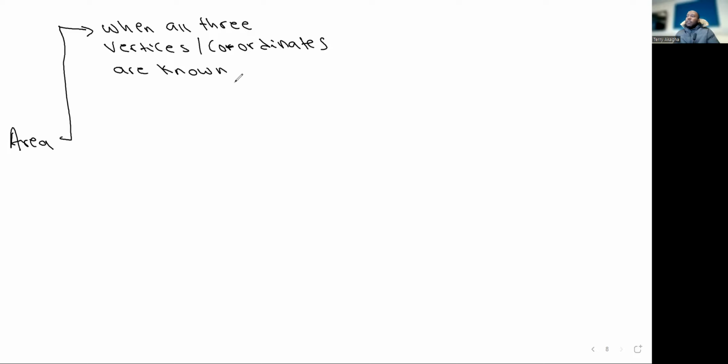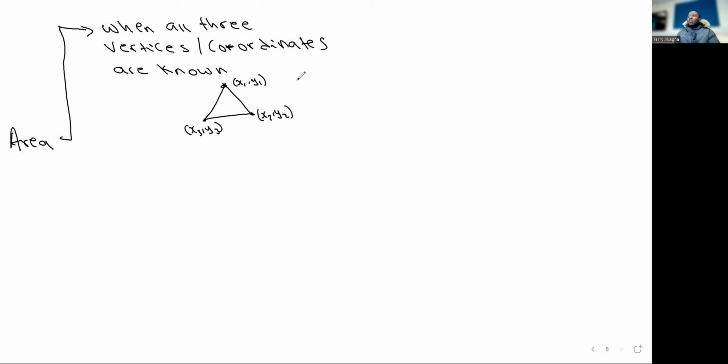Okay, so that means you have a triangle like this. You know the coordinate here. Let's call this x1, y1. You know the coordinate here, x2, y2. And you know the coordinate here to be x3, y3.